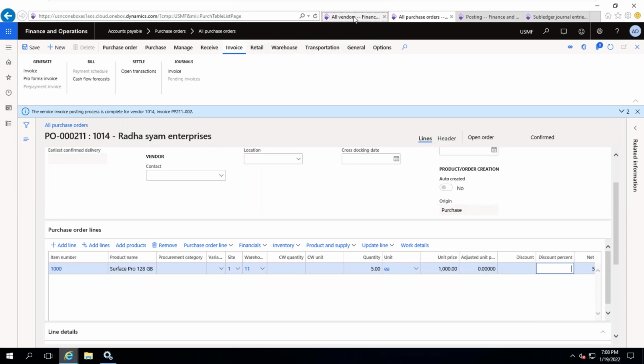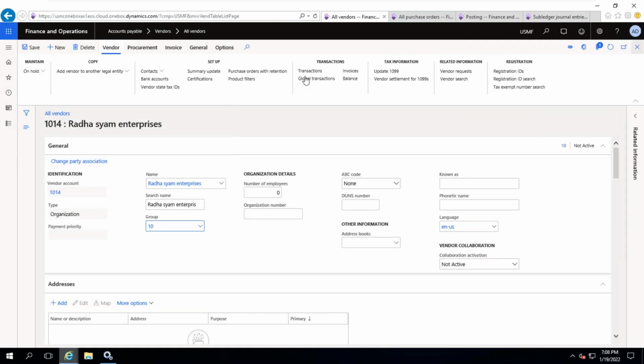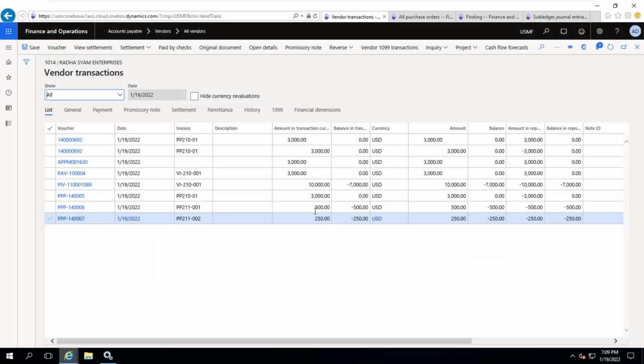Now it will show you two invoices. If you go to transactions, it will show one 500 prepayment invoice and another 250 prepayment invoice. While applying prepayment, you can apply only one, or you can apply two. You can do it whichever way you want. Combinations are also possible.